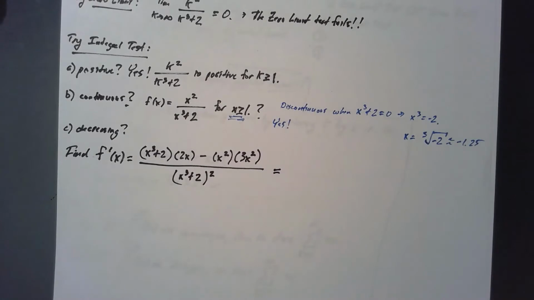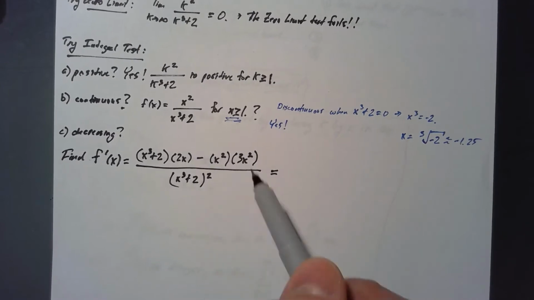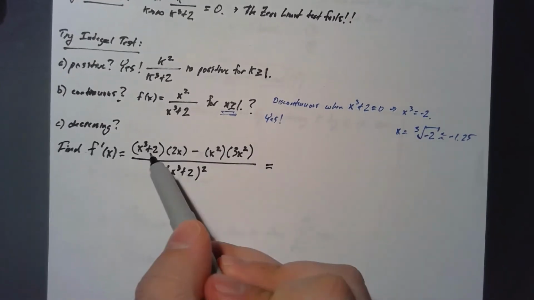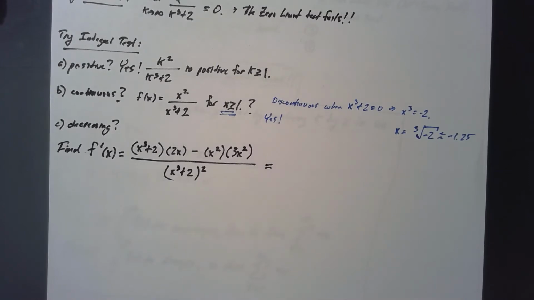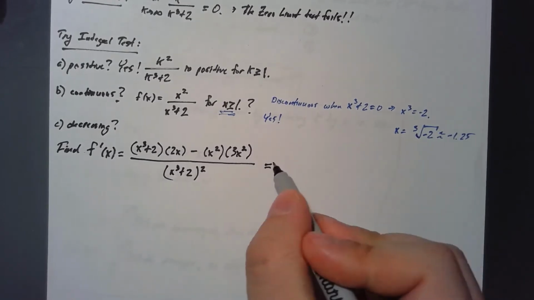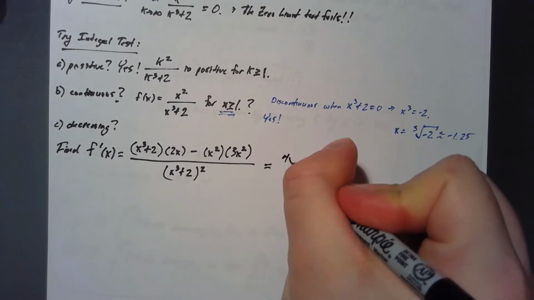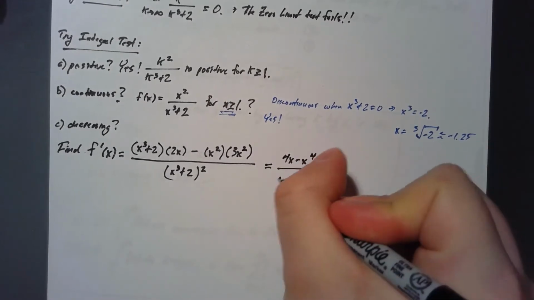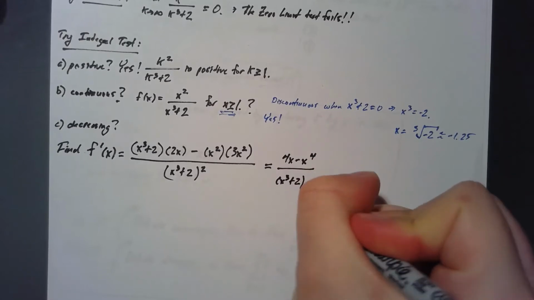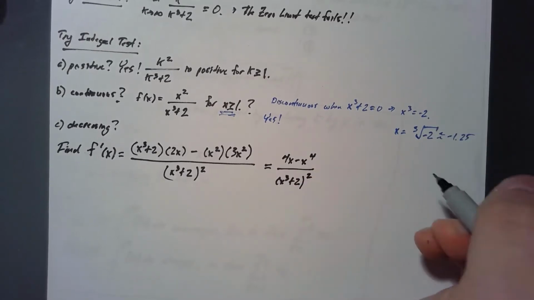When you go through that computation and do a little simplification, if I distribute the 2x, multiply this out and combine like terms, the numerator is going to reduce to 4x minus x to the fourth, all over x cubed plus 2 quantity squared.